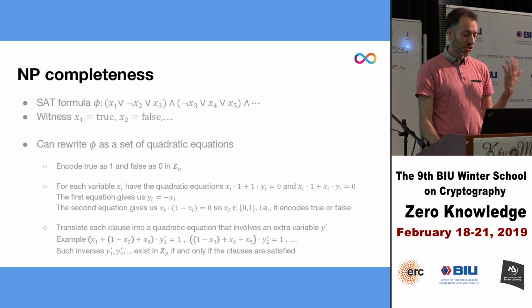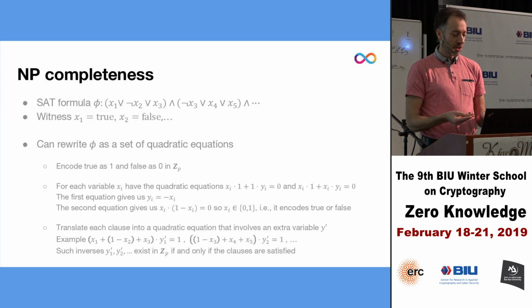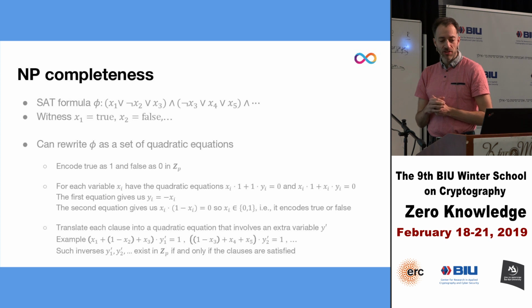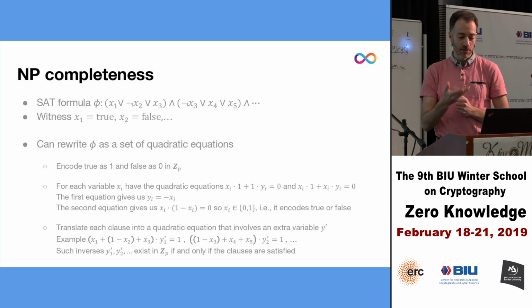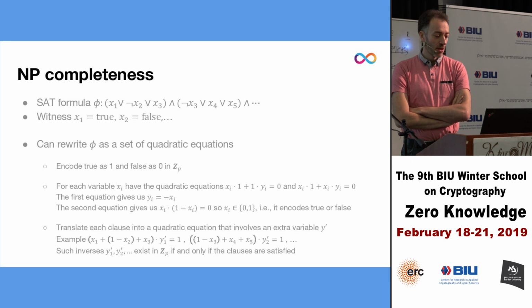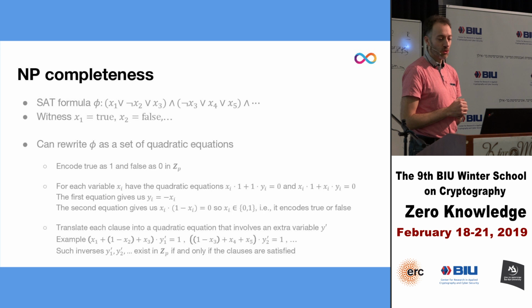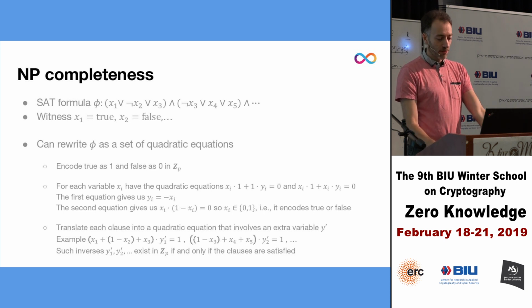Okay, so if we do that for each variable, then the first equation, right, that will give us that yi is equal to minus xi, assuming that these two equations hold. And if you then take that and you plug that into the second equation, you get that xi times 1 minus xi is equal to 0. Okay, and if you have xi times 1 minus xi is equal to 0, then there are only two solutions to this quadratic equation in modulo p, right?